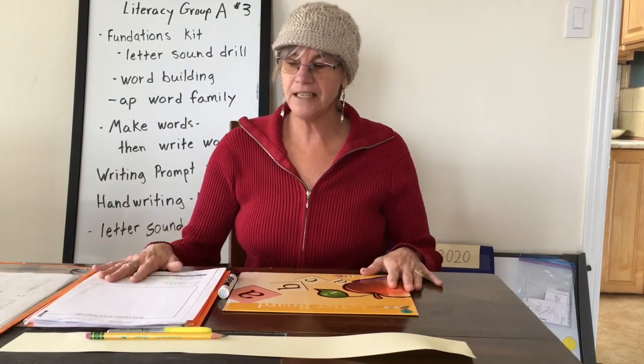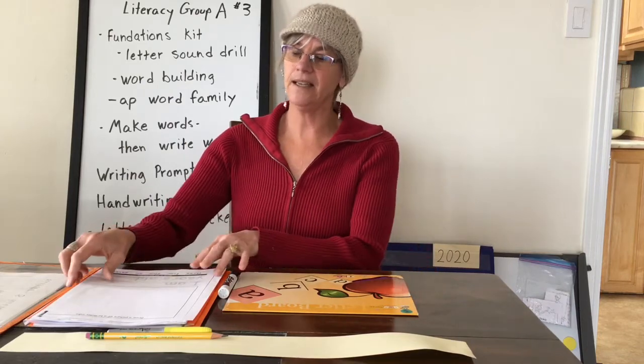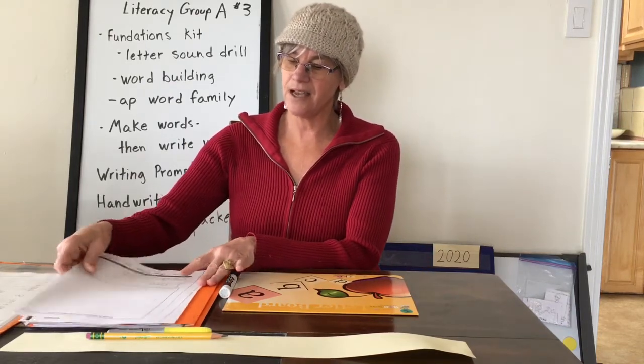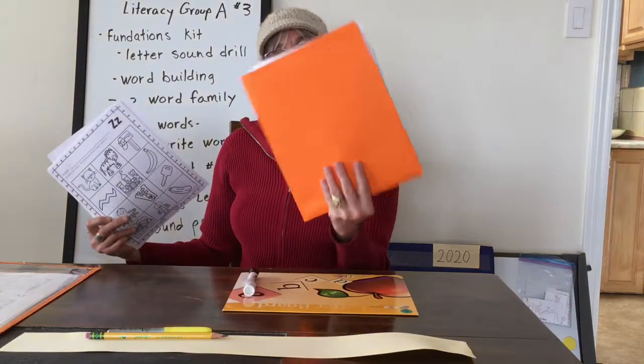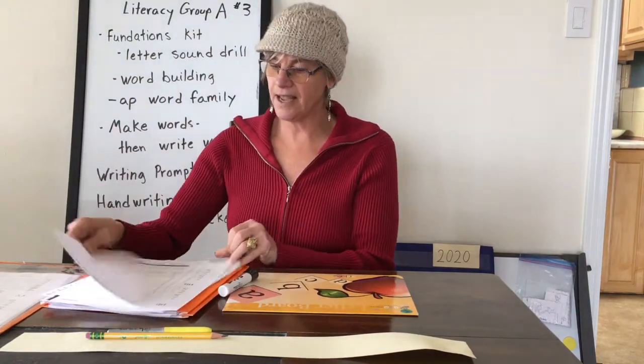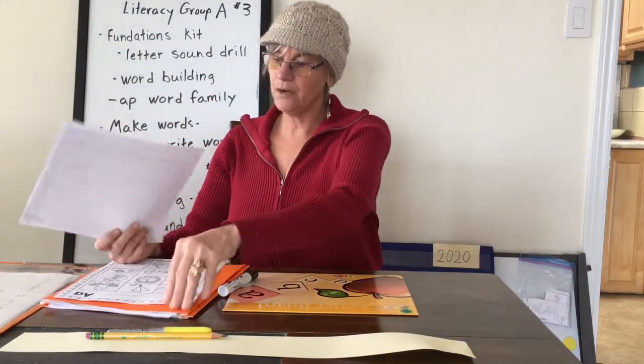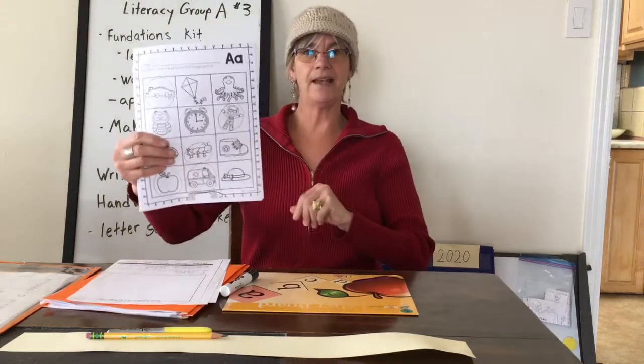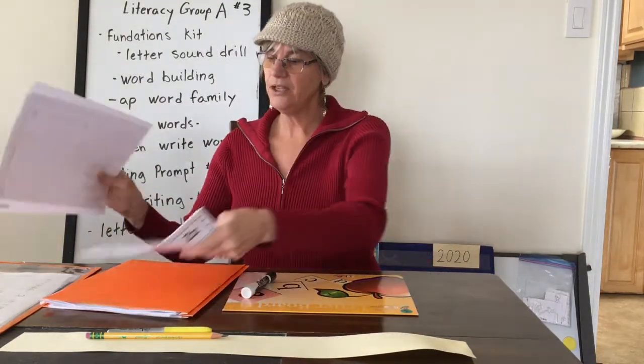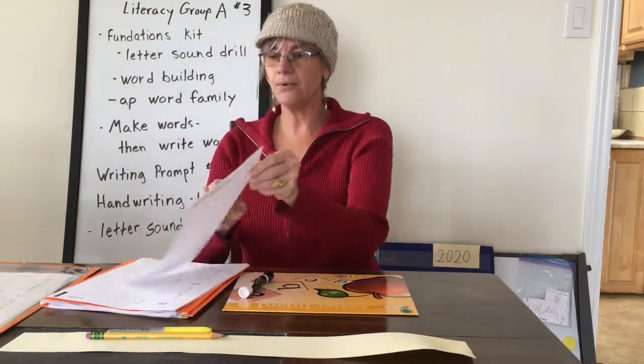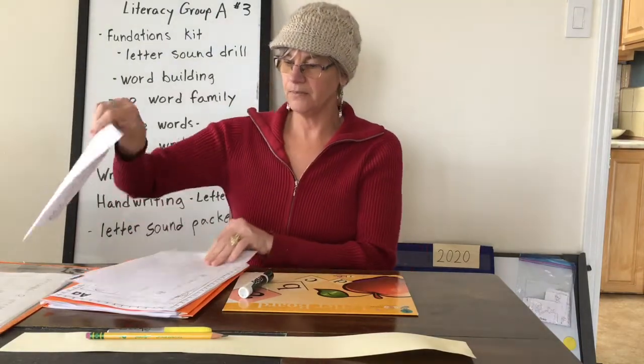So here's what we're going to need from our learning kits for this lesson. Out of your orange literacy folder, you're taking out your letter sound packet. You're taking out your writing prompt number 2.